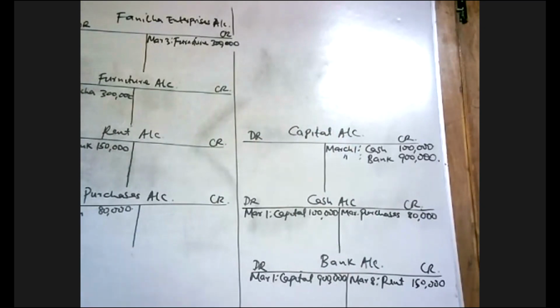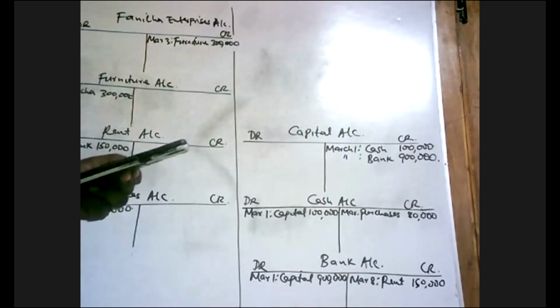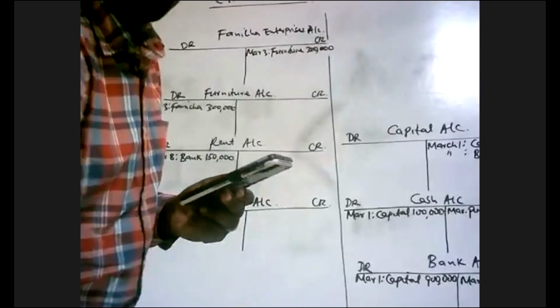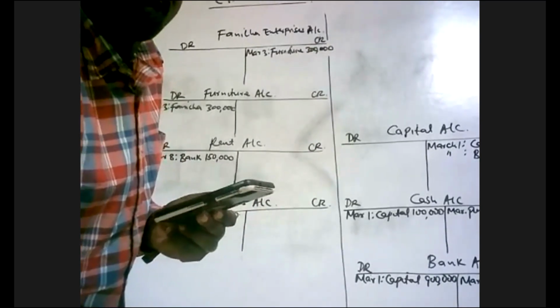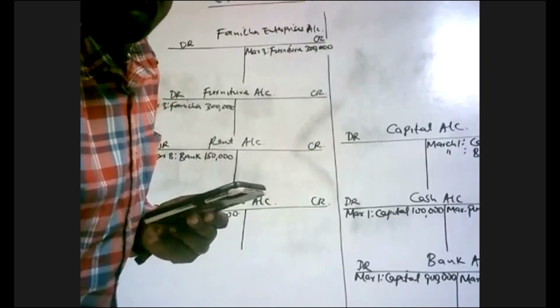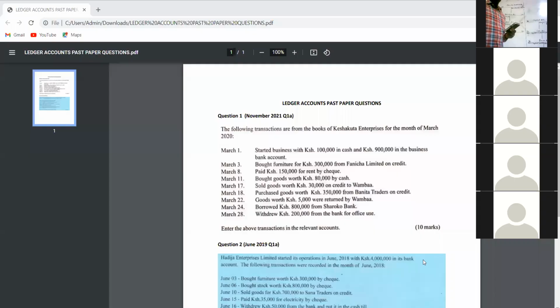On 17th, we are told sold goods worth 30,000 on credit to Wamba. The goods that we bought are now being sold. When goods that were bought are being sold, we record them in which account?